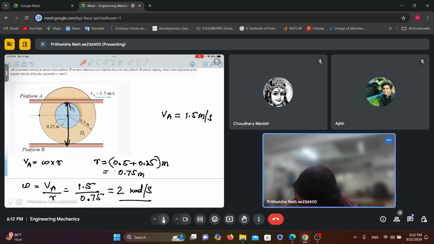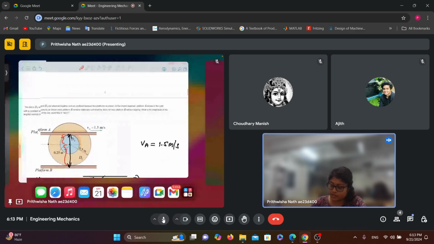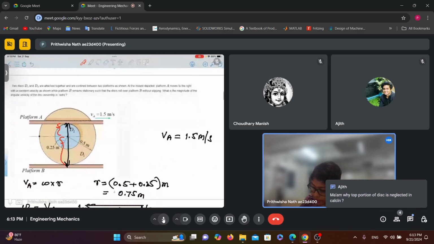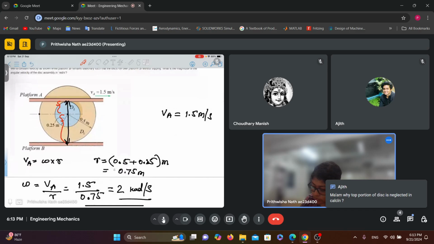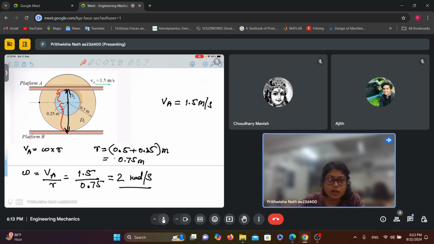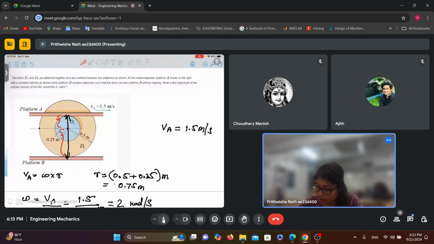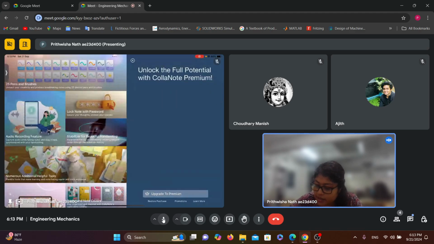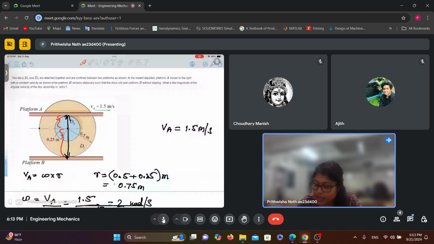That is this distance plus this distance, which is nothing but 0.5 plus 0.25, and from there I just simply substitute. No, the top portion is not neglected. It is said that these two are attached, right?